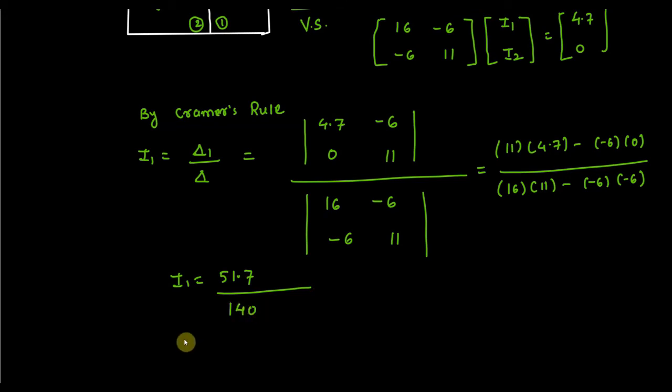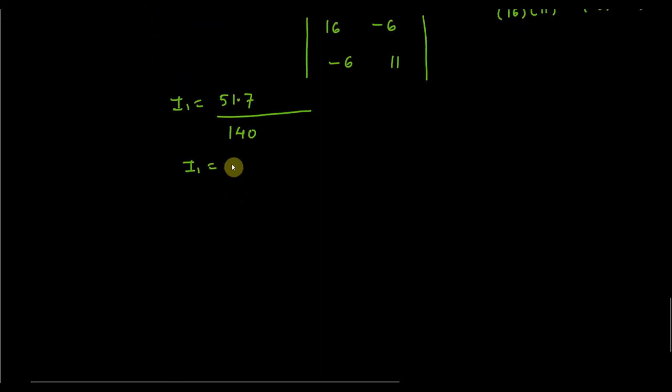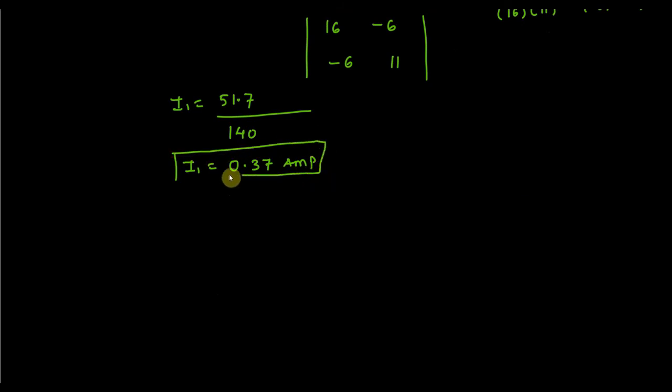So the value of I1 comes out to be 51.7 by 140. This value comes out to be 0.37 ampere. Fine. So this is the value of the current I1.